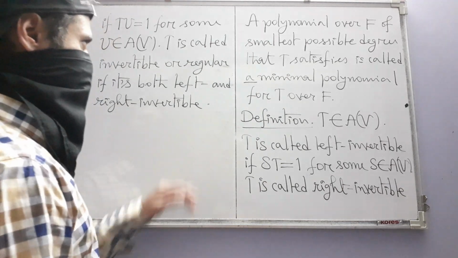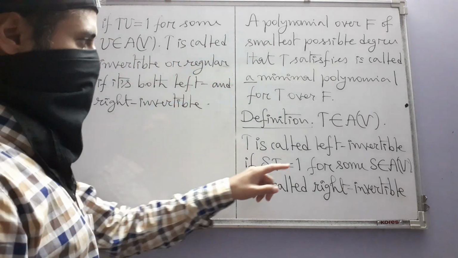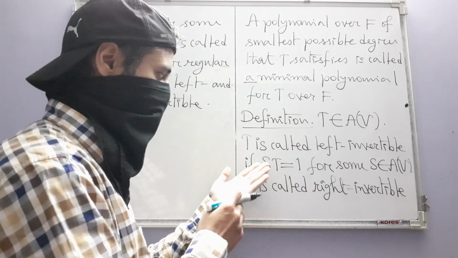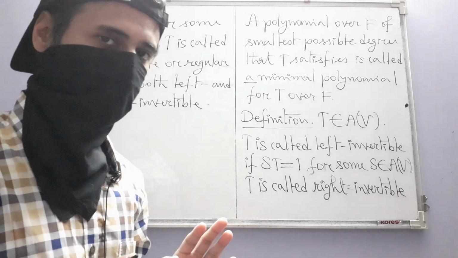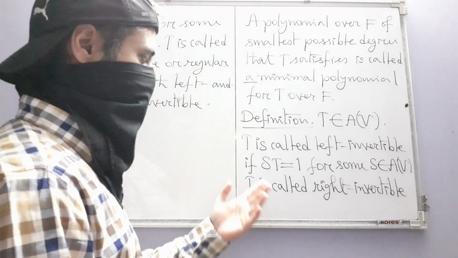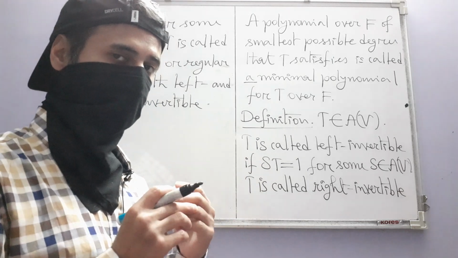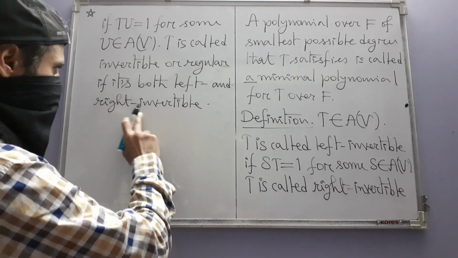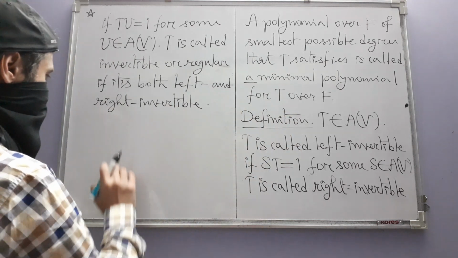Now, regularity or invertibility of T will have a consequence on these elements S and U. Actually, this will imply that S and U have to be equal. How? Suppose T is both left invertible and right invertible.